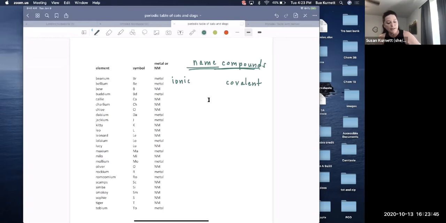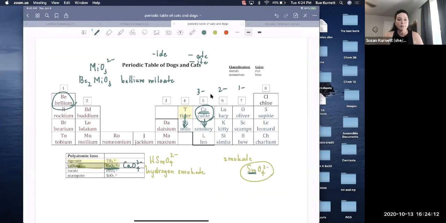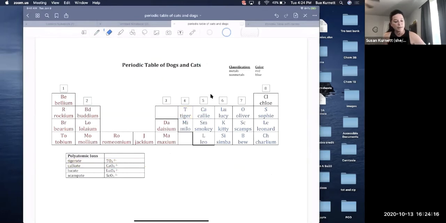There are two kinds of ionic compounds. There are fixed charges, and there are variable charges. And then for the fixed charges, it's going to be what it would be on the regular periodic table. So fixed charges means we're talking about the representative elements.